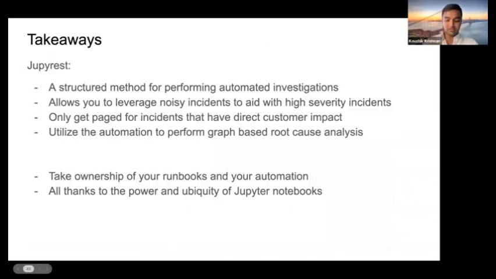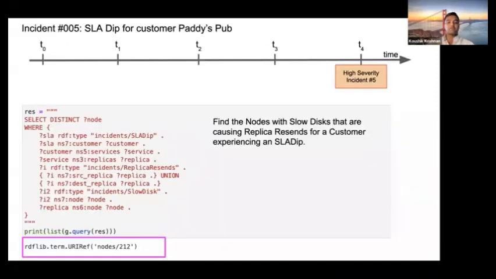So with this, now you've got your full end-to-end scenario where you can leverage your low severity incidents, all the little, partial graphs of those little investigations, to give you a much better high level picture during your high severity incident investigation. And because you have all these notebook executions, you now have a much better way to present a postmortem or understand what actually happened during this incident timeline.